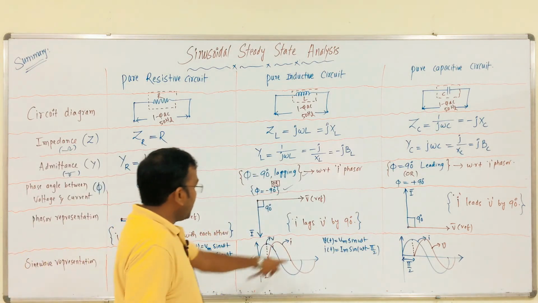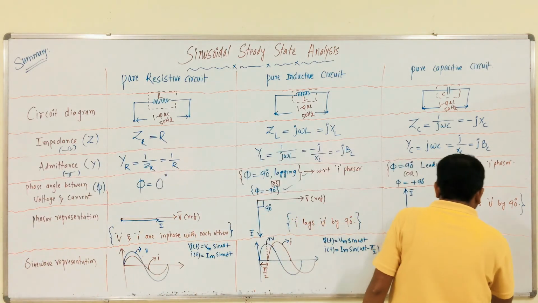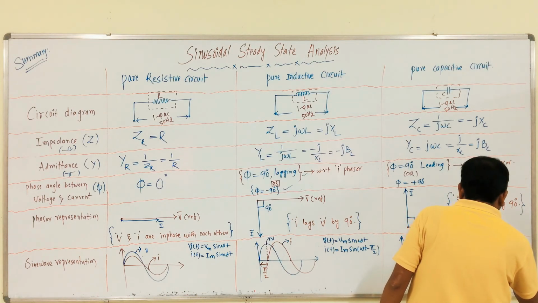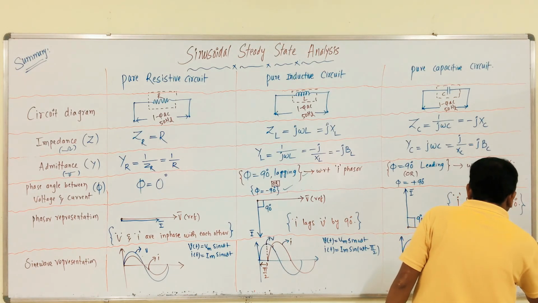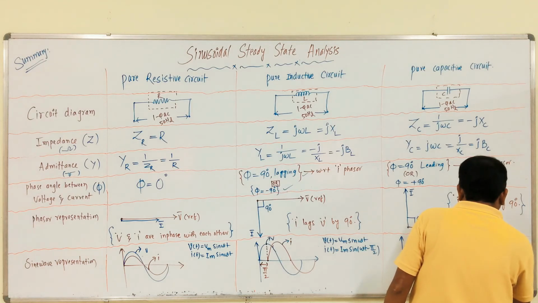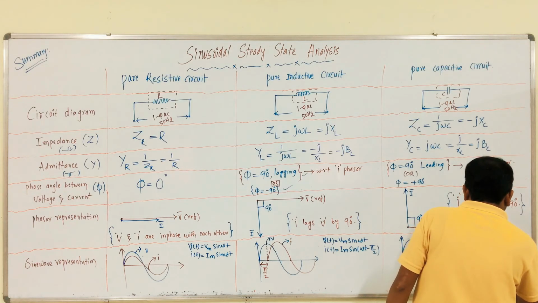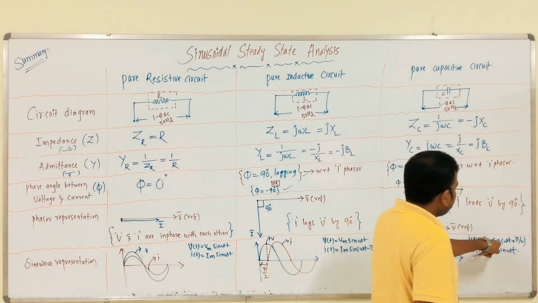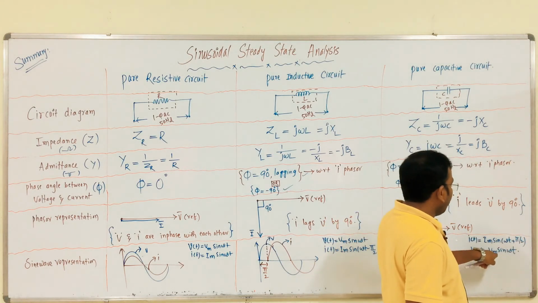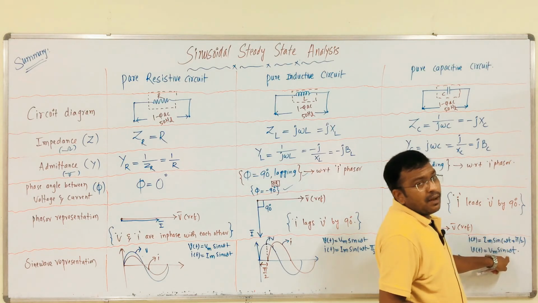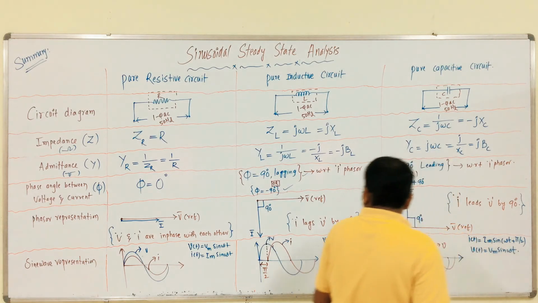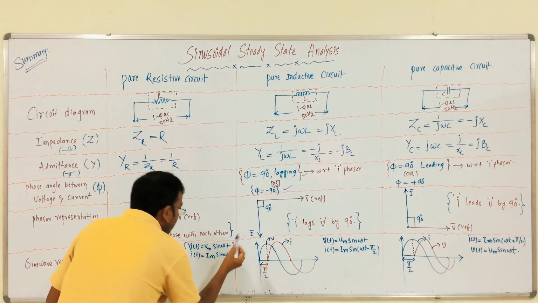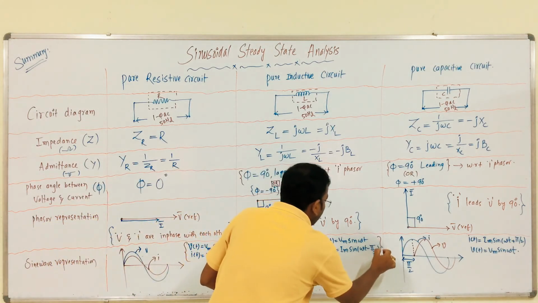Current lags voltage by 90 degrees. Clear? Here i of t equals Im sin(omega t plus pi by 2), or you can write v of t equals Vm sin(omega t minus pi by 2). This is one set of representation with respect to time domain.